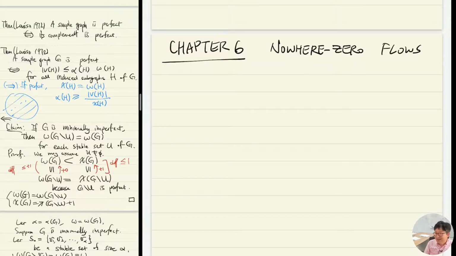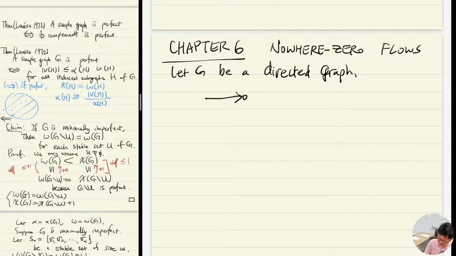But anyway, let's start with the directed graph. If you have an edge, then you draw it like this. This is the tail, and this is the head, right?